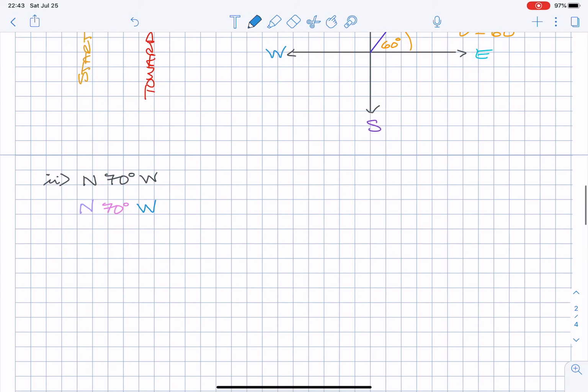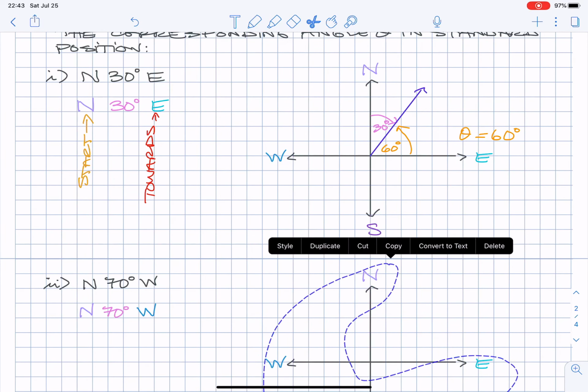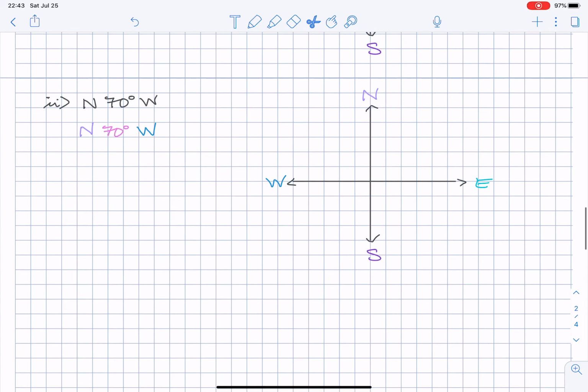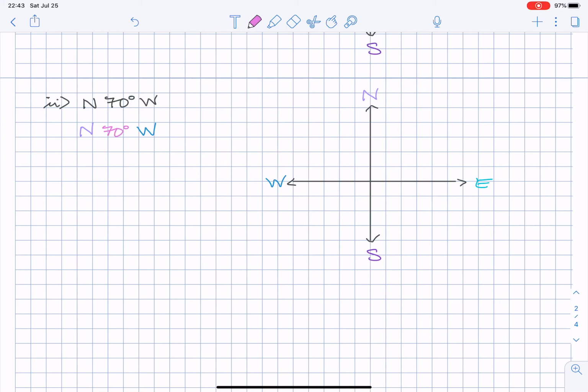So I start at the north, but now I'm going 70 degrees to the west. So this is now 70 degrees in the direction towards the west.